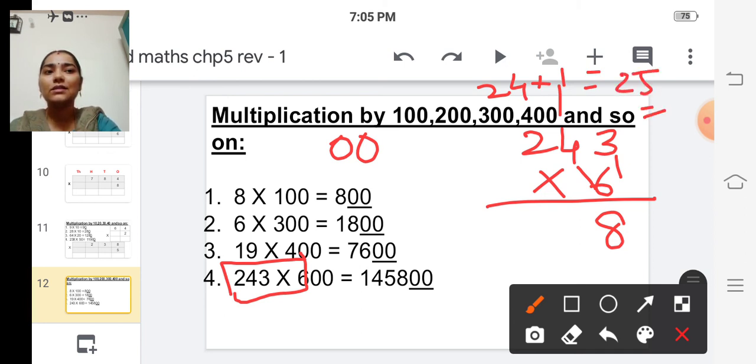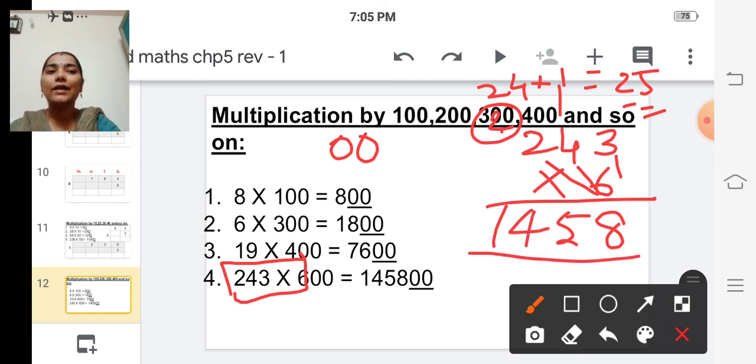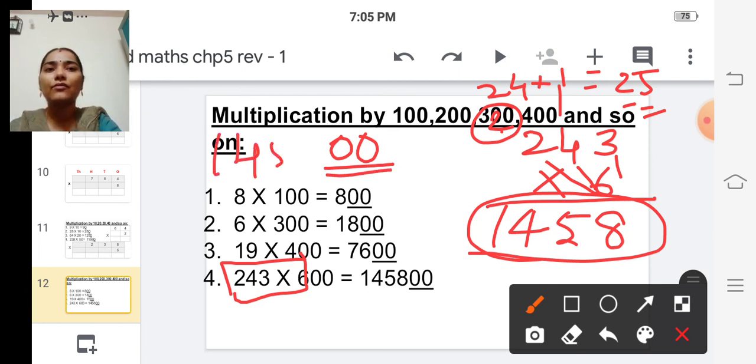So we write this 5 here and carry over this 2 to the next place. Multiply 6 into 2. 6 2s are 12. 12 plus this carried over number 2 is 14. So we write this number before these 2 zeros. Okay. So 145800. So this is the product of 243 into 600.